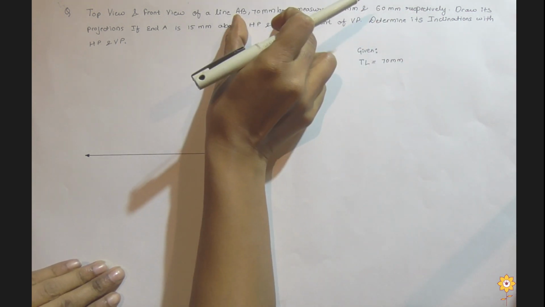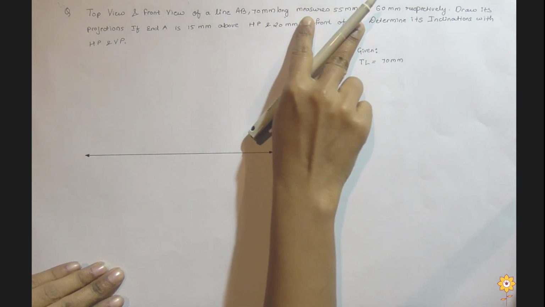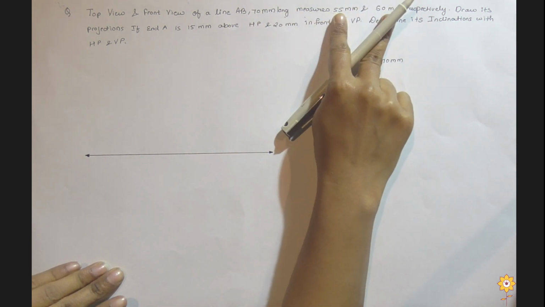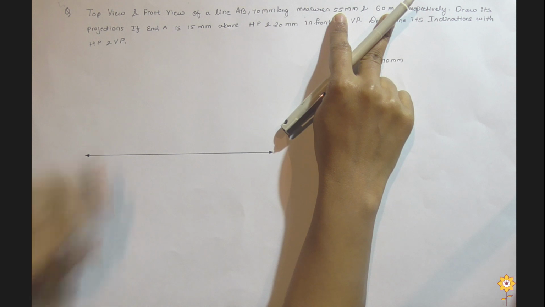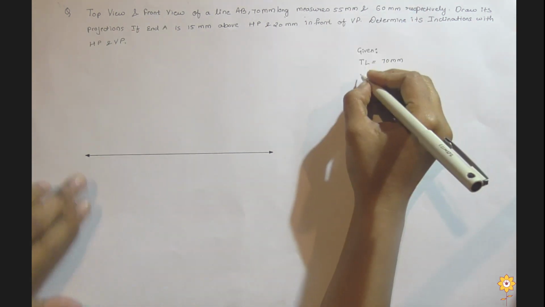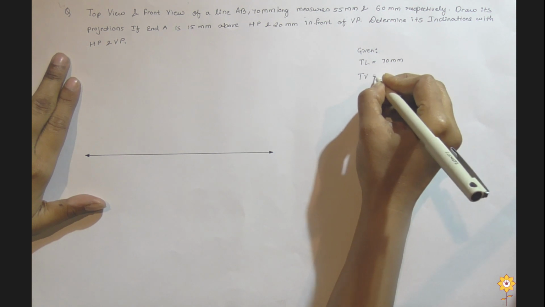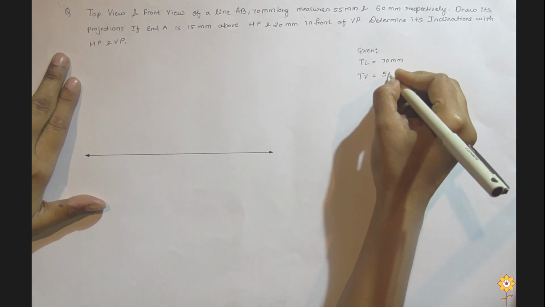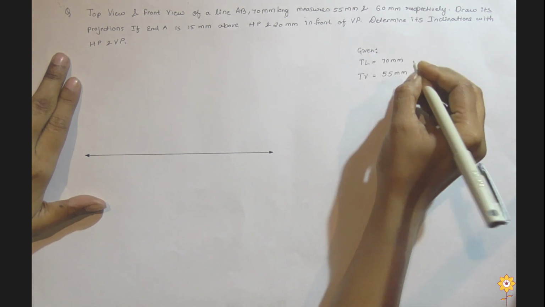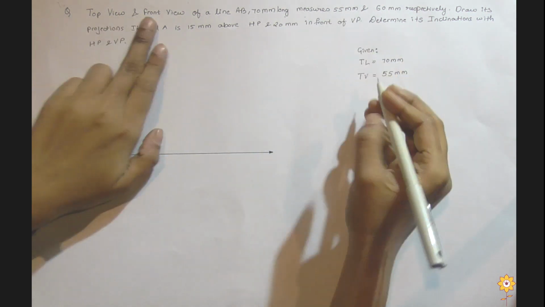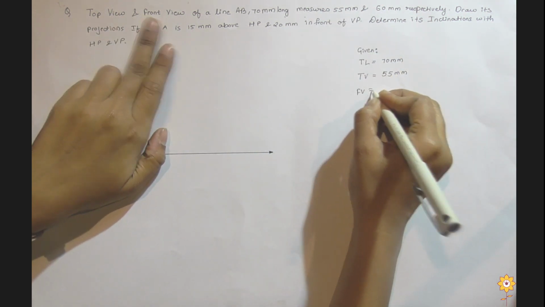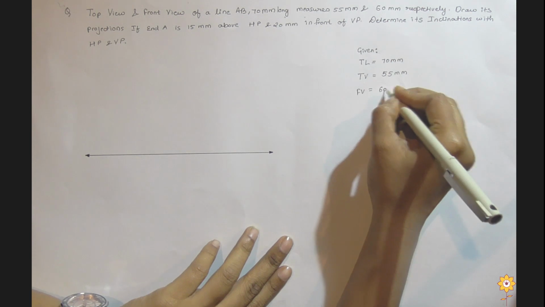So this is already our true length, and these two distances, 55 mm and 60 mm, are for the top view and front view. Let's say my top view equals 55 mm, and my front view is 60 mm respectively.